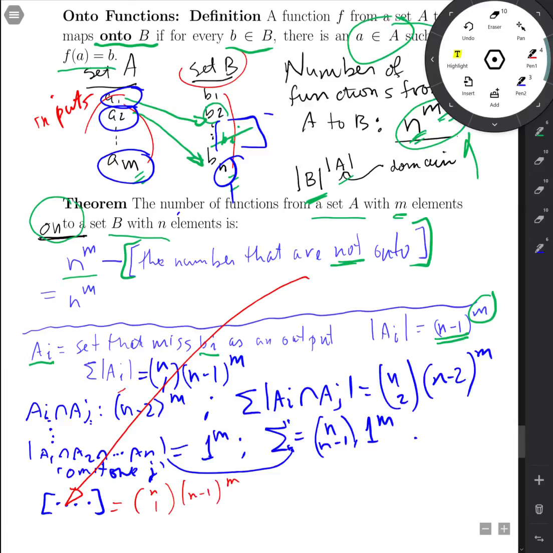Those are the sum of the sizes of the sets individually, and then using inclusion-exclusion, minus the next grouping, the sum of those where we take the intersection of 2 at a time, n choose 2, n minus 2 to the m. So the n choose 2 is counting how many of them there are. That gives us the sum. And then plus, minus, dot dot dot.